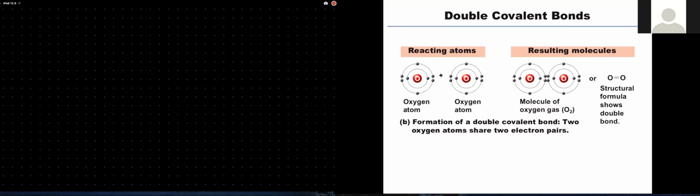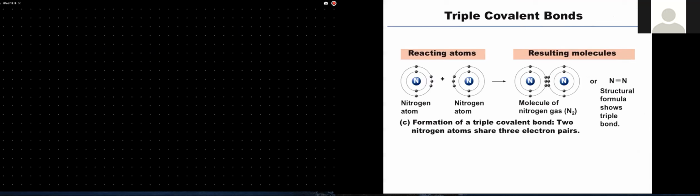All right, so let's see another type of chemical bonds. Let's see here the nitrogen.